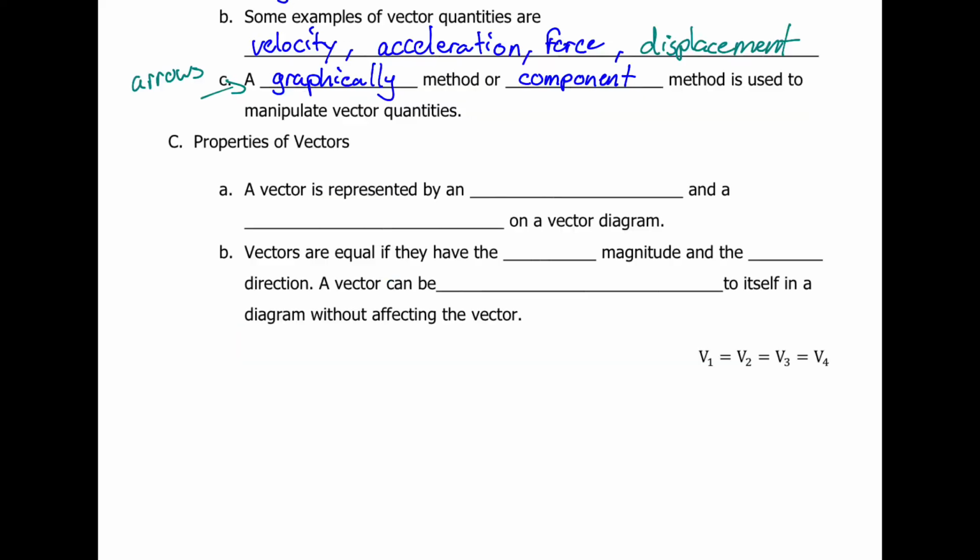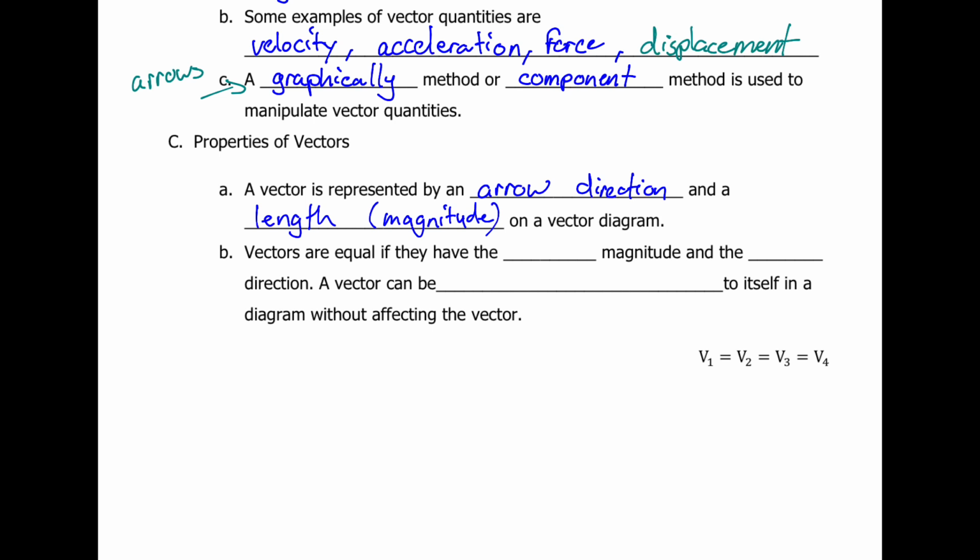Okay, vectors have some properties which are super useful for us to work with them. A vector is represented by an arrow. I know I just said that out loud, but it's an arrow. And that means its direction, and a length, its magnitude. So while you will be drawing some vectors, we won't be drawing vectors with precision.